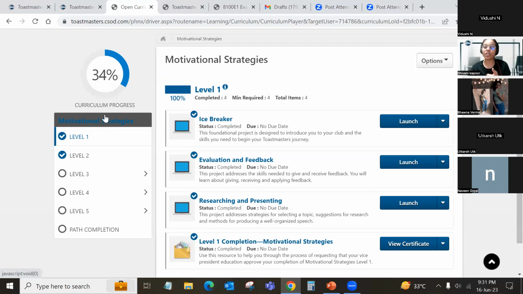So the VP Education or president, mainly it is a job of VP Education, they log in as that Basecamp Manager, and they have to approve that level that you have submitted here. So it goes through that step of VP Education just to make sure, because VP Education would know that you have genuinely delivered all these speeches or not, right? So they will approve, and then they will file your award, and then it will be marked that your level 1 is done officially on the Toastmasters International website.